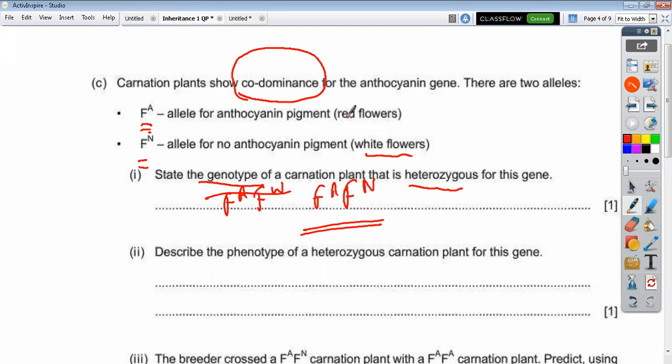If you combine the red and the white, what color do you get? Phenotype is what you see. Pink, correct. Pink flowers. Is that making sense? Everyone?